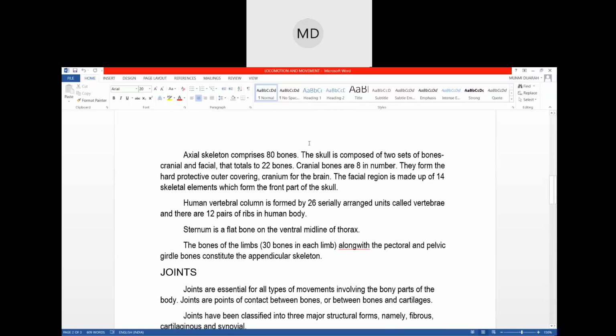In the appendicular skeleton, there are 30 bones in each limb. Limb means the legs and hands. And there is the pectoral and pelvic girdle.